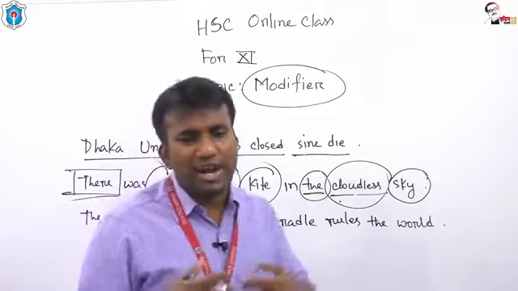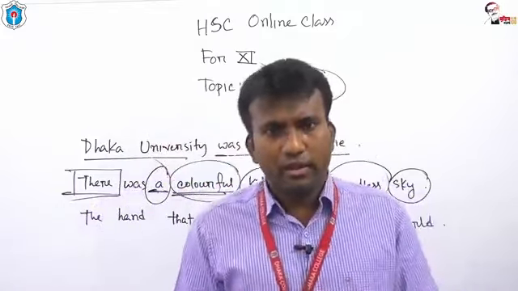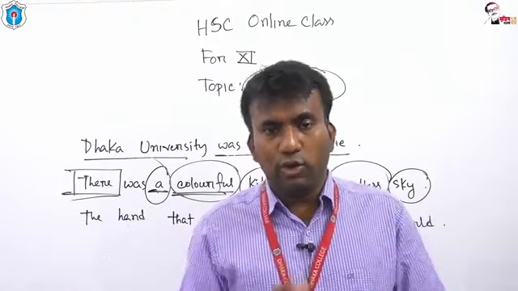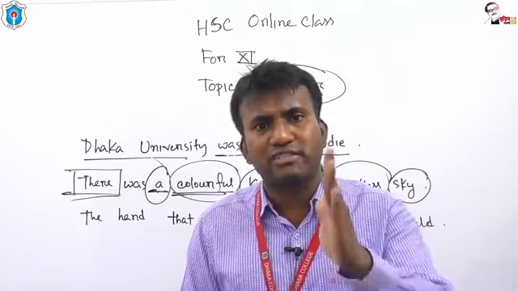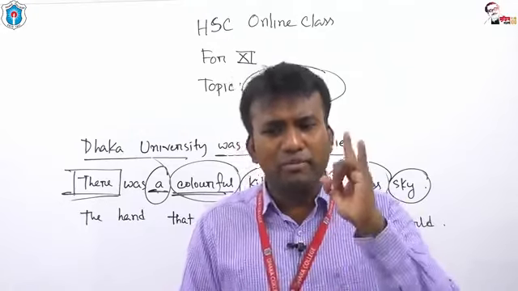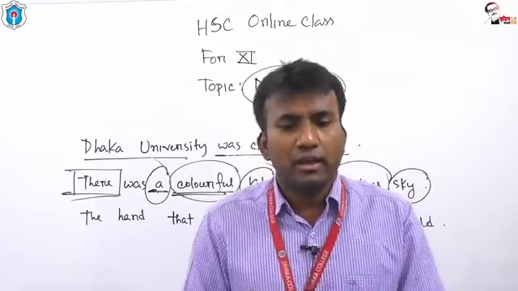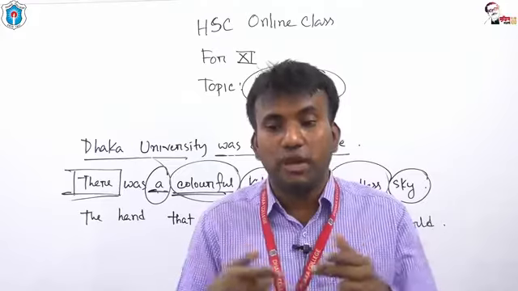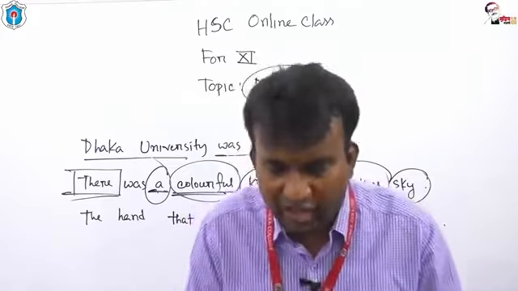And in order to understand these things, we have to think that an adjective always qualifies a noun or pronoun. Dear students, this is very, very important. The responsibility of noun and pronoun goes to the adjective. The rest of the parts of speech are always monitored by the adverb.